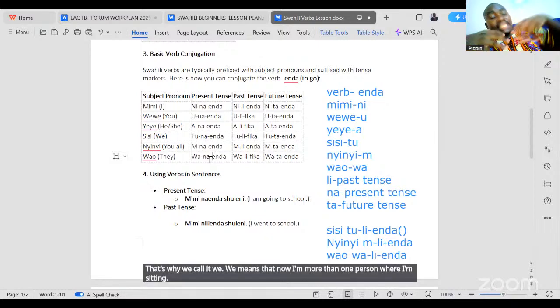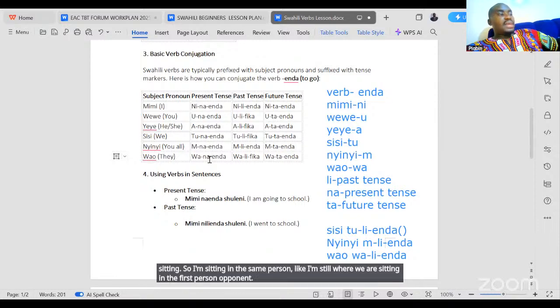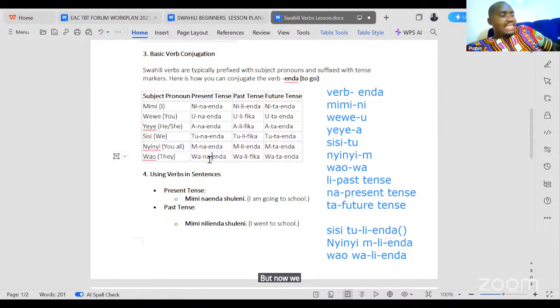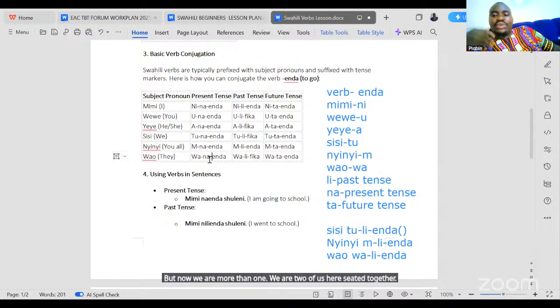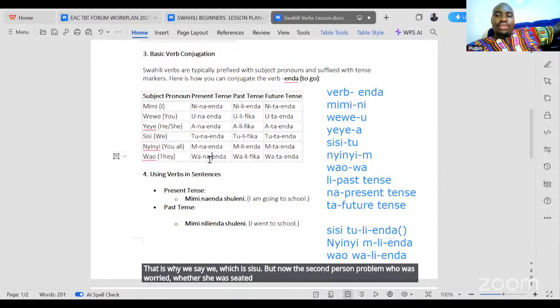So I'm still in the first person pronoun, but now we are more than one. We are two of us here seated together. That is why we say we, which is sisi. But now the second person pronoun, who was wewe, where she was seated at the far corner, is no longer alone. Now there are two of them in that far corner. Now they become nyinyi.